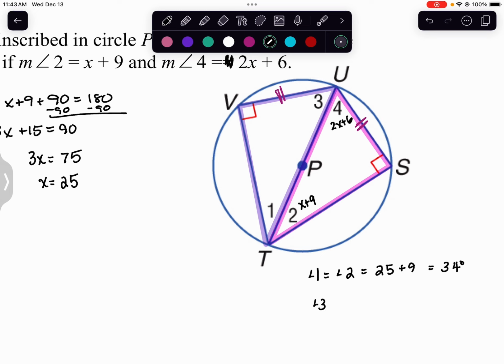And then angle 3 equals angle 4, which is equal to 2 times 25 plus 6. So they are each equal to 56 degrees, sorry, 56 degrees. There we go. Now that looks good.